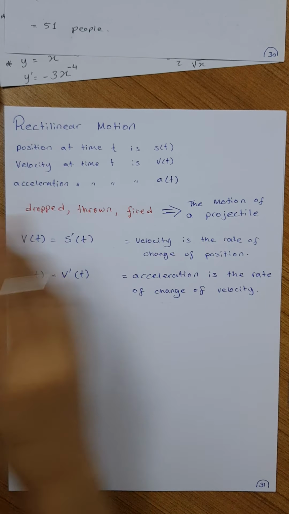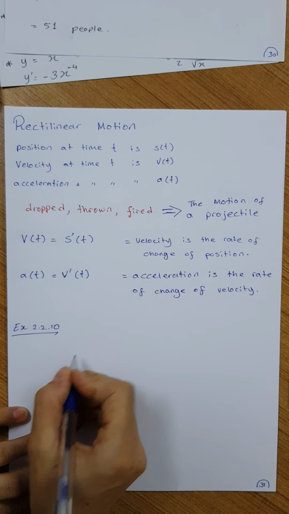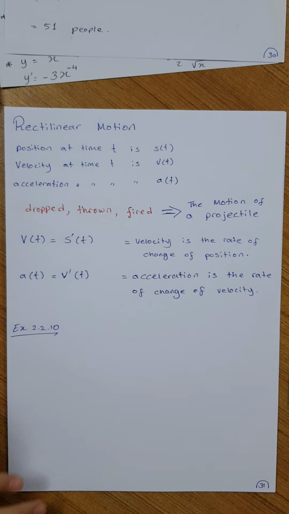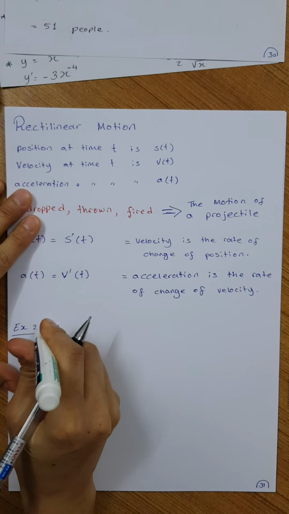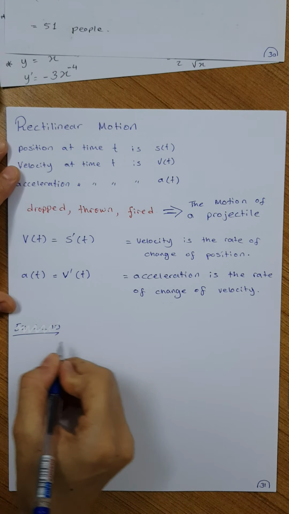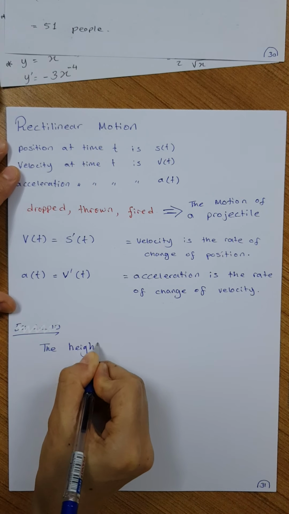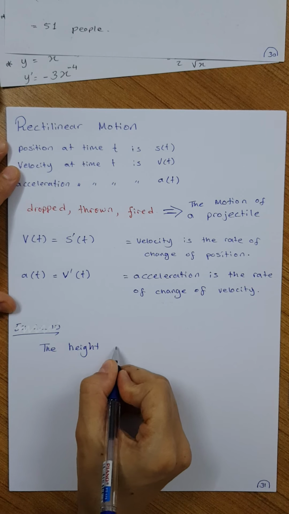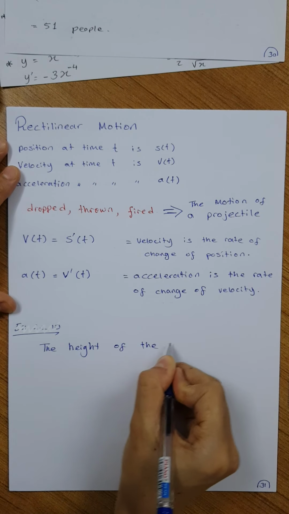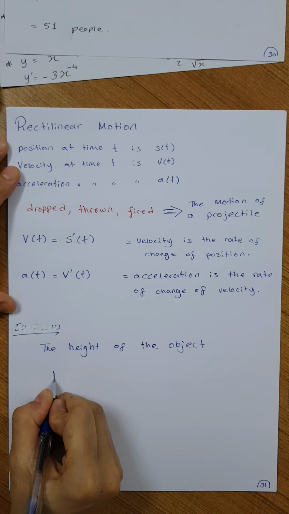When we are talking about the motion of a projectile, in general, the height, let me write this one here. I will do the example later on. The height of a projectile, we will need it. The height of the object will be given to you as h of t.